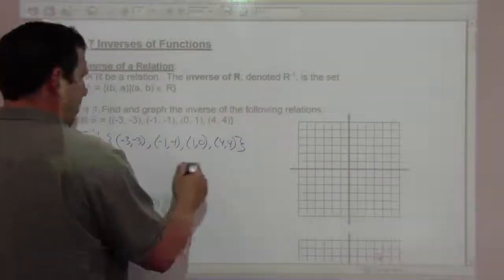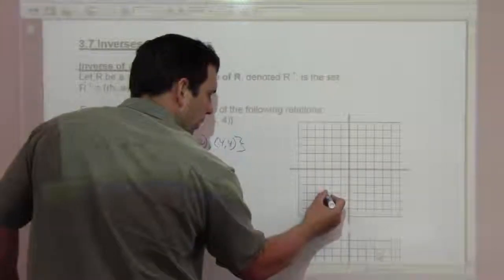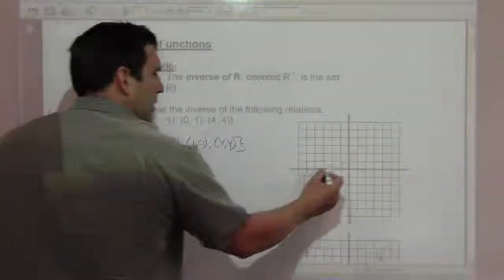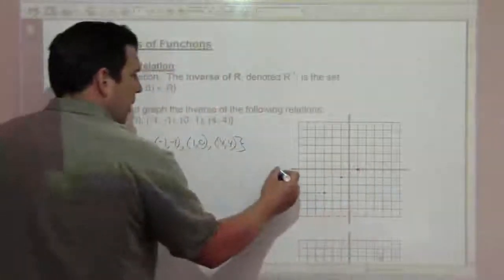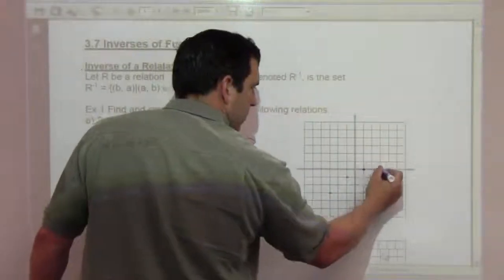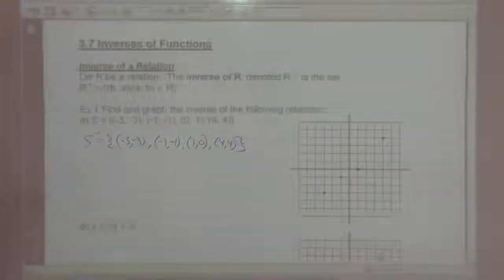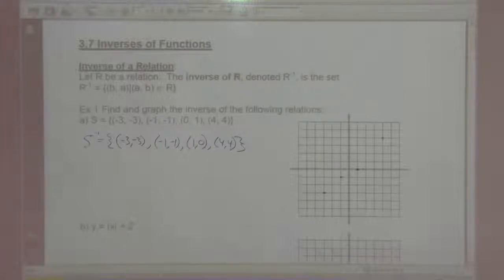So let's see, we have -3, -3, -1, -1. Now it's 1, 0, and then 4, 4. I'm going to go to the next one.